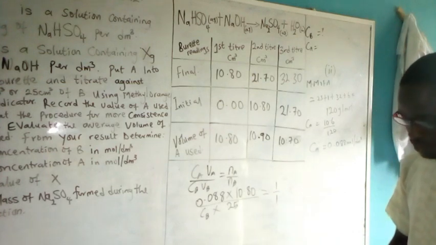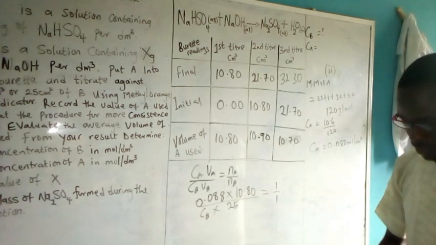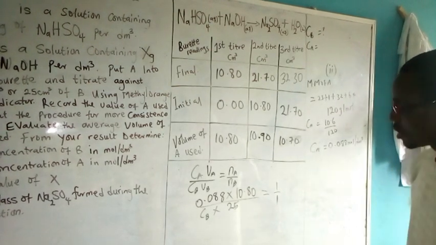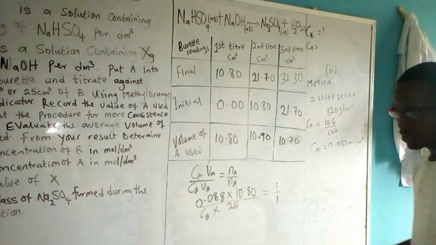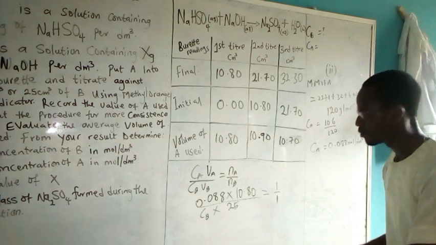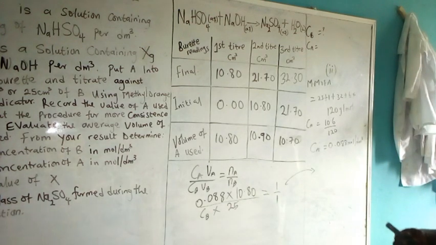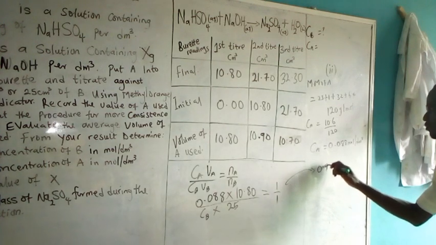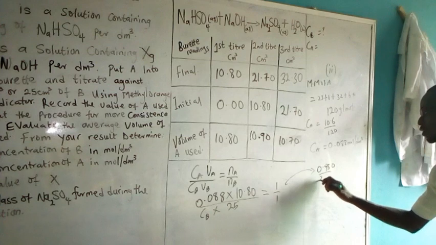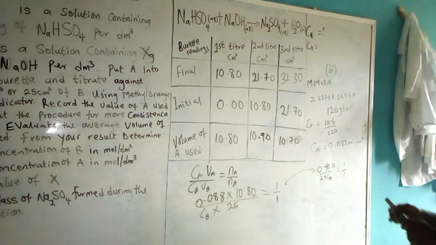We have 0.088 times 10.8. That gives 0.950. So let's take it down here. I have 0.950 over 25 Cb equals 1 all over 1. So what next?